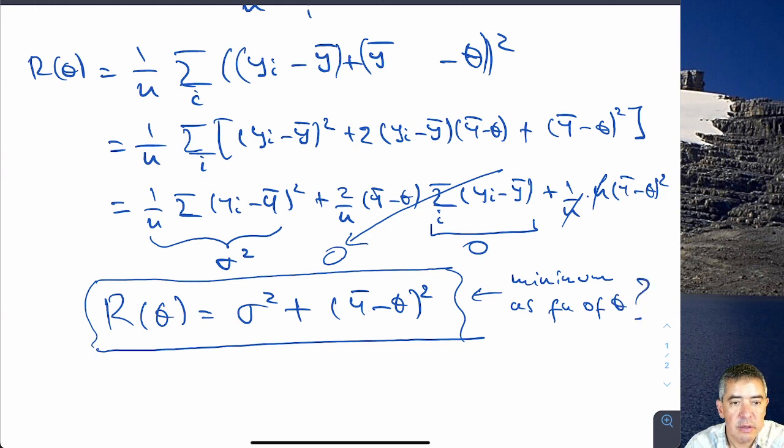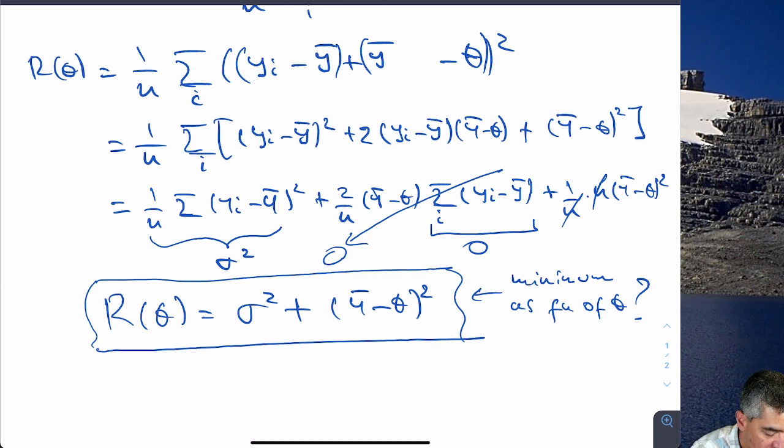Well, sigma squared is not a function of theta at all, so it doesn't play a role in that minimization. And y bar minus theta is a square. It's a positive quantity by definition, by construction. So the only way that it can be minimized is by being as close to 0 as possible.